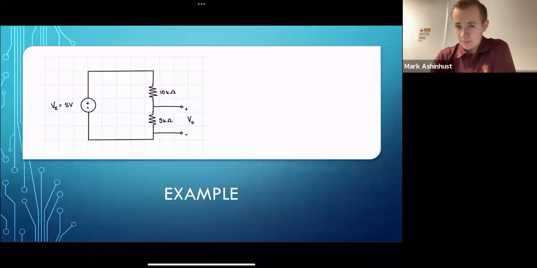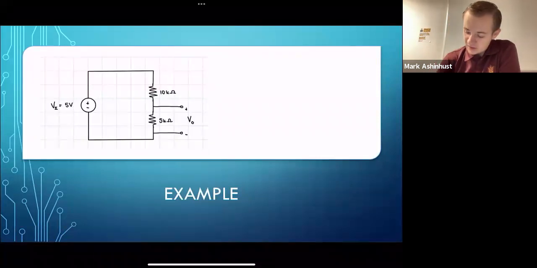So we'll get started here. We have a voltage divider. So our load resistance, the resistor where we want the voltage over, is going to be the 5 kilo ohm resistor. So in a voltage divider, this one is going to be the numerator. So we take our V out, our sought voltage, is going to be 5 volts.